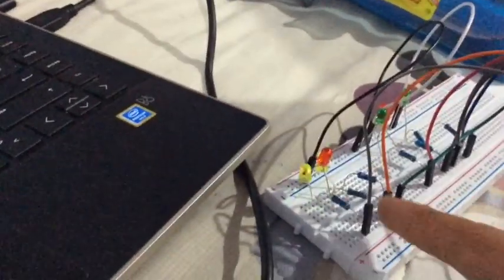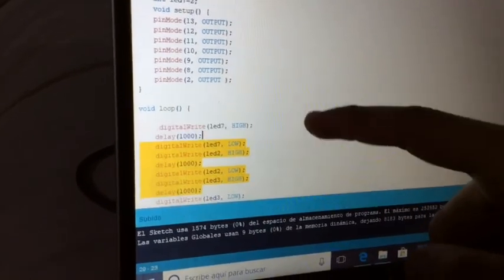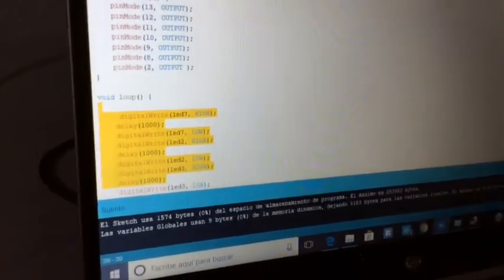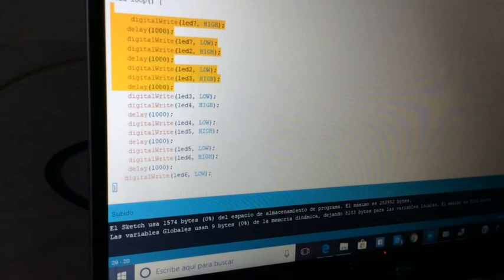So first I need to put the LED 7 that was the cable that was here, and that's how it will give all the current to the circuit. And then there they are, how the LEDs will light and how they are going to go low.